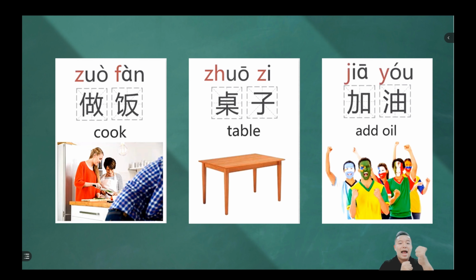Like when you're going to stir fry and cook, or if you are running a machine or a vehicle and you want to keep working, you may have to add some more oil to make it move, right? To give it some energy.